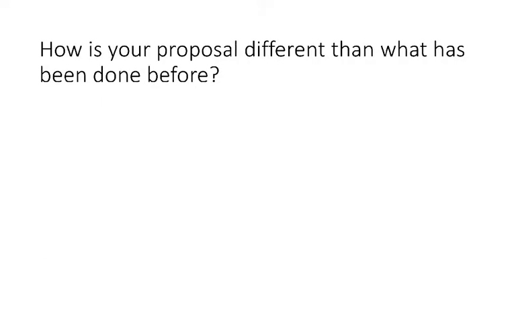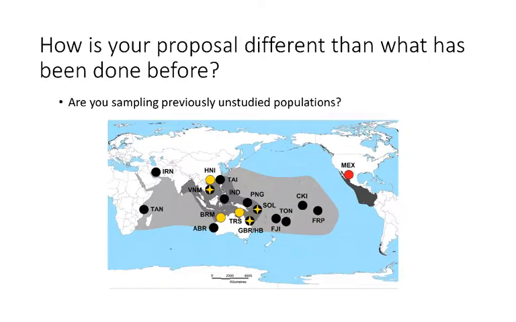And related to everything else, think about how is your proposal different than what has been done before? And there are a couple different suggestions I have that might help you answer this question or fill this particular gap. So one of the ways your proposal might be different than what's been done before, maybe you're sampling previously unstudied populations.